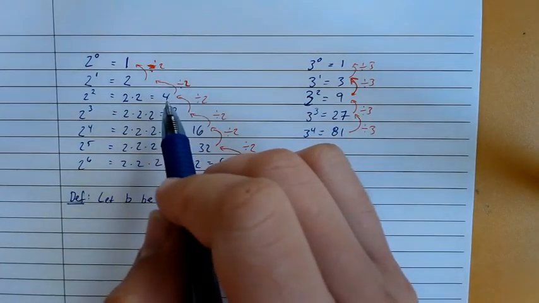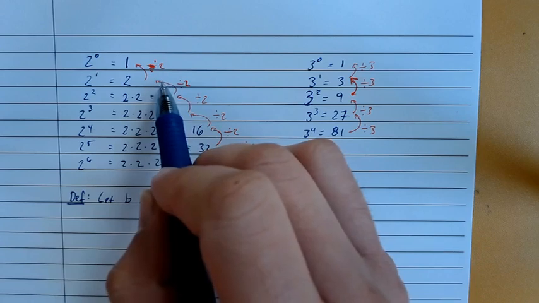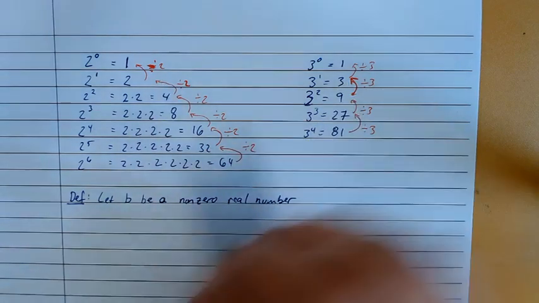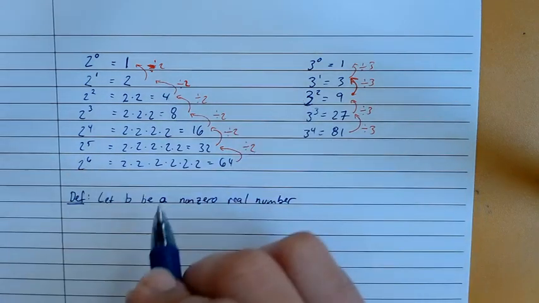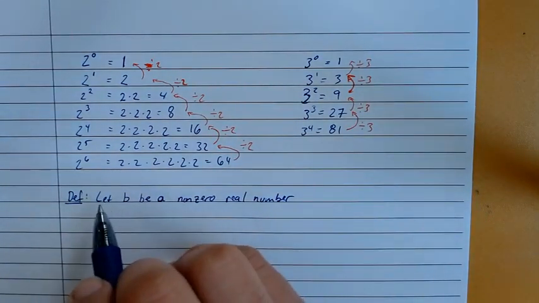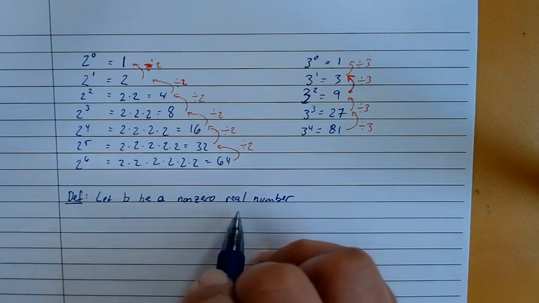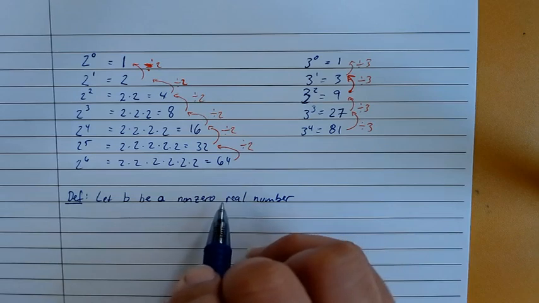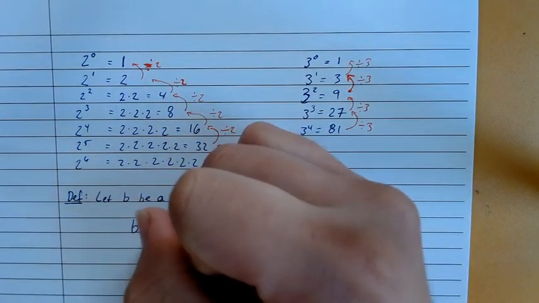Because the way the pattern works is if the base is 2, I'm dividing by 2. If the base is 3, I'm dividing by 3. If the base was 0, I can't divide by 0. That's undefined. Okay, so we have to skip that one. But any other number is fine. Let b be a non-zero real number, so any real number except for 0. Then our definition of b to the power of 0 is 1.